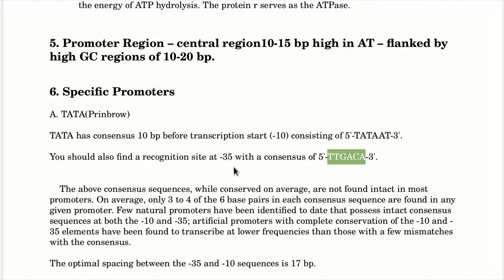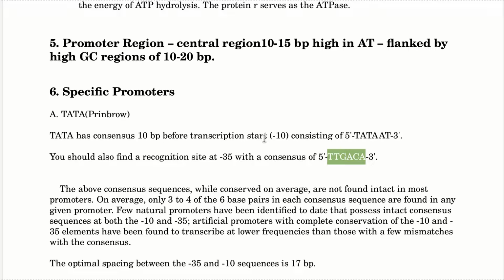So keep that in mind, that you need to find that these two exist, and they're important. You need to find the CAT box may not be there, and realize these numbers do not have to be right on. I think I'm going to show you an example where the TATA box is more, if it's the one I'm remembering, more like a -6 or something.